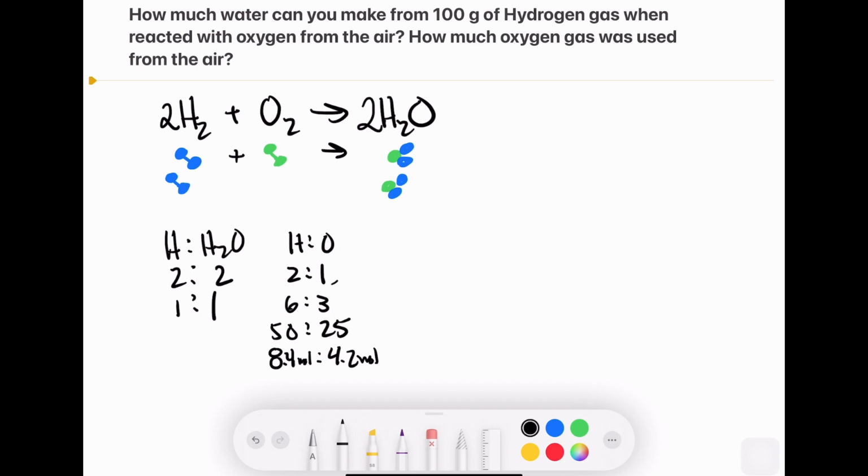We can do the same thing with the oxygen and the water too. If we happen to know something about it, in this question we don't, we know something about the hydrogen, but imagine the question was worded differently. Well, we'd have to look at that ratio, which is a 1-to-2 ratio. So again, that means if you have 3 dozen oxygen molecules, then you will make 6 dozen waters.